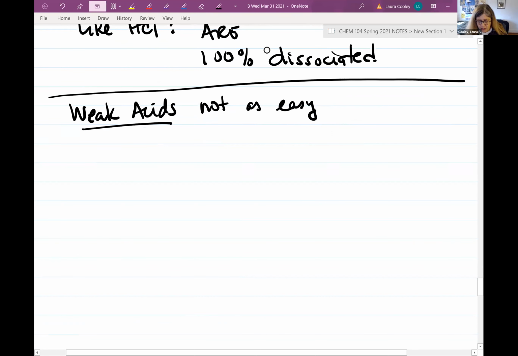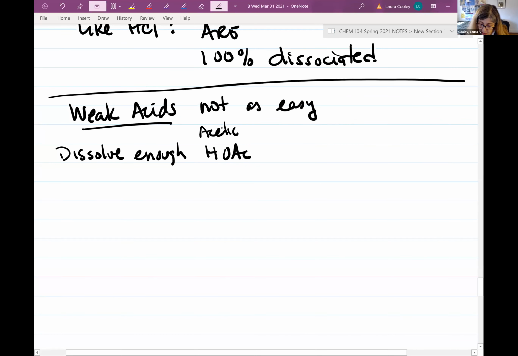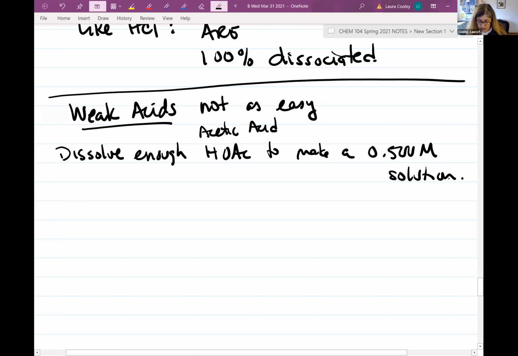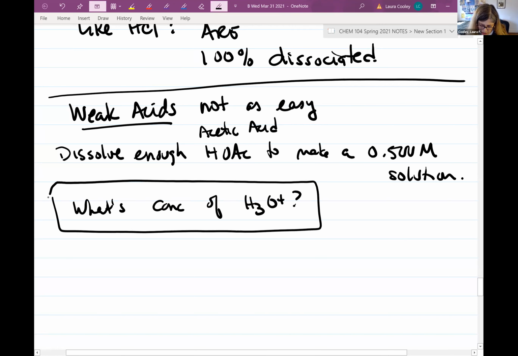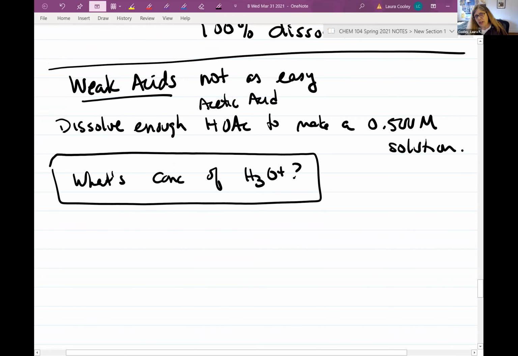Okay, if you dissolve enough acetic acid, let's say, just like we did with the HCl, so this is acetic acid, to make a 0.5 molar solution, okay, what's the concentration of H3O plus? How can we answer this question? Okay, how are we going to figure that out?